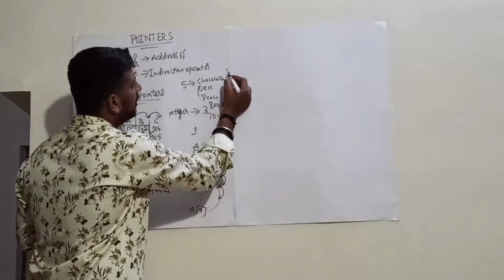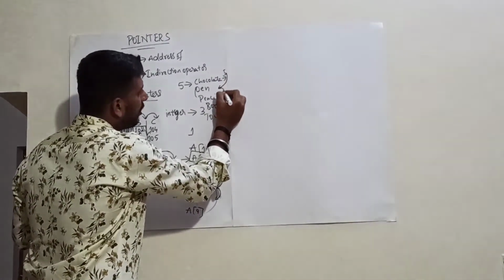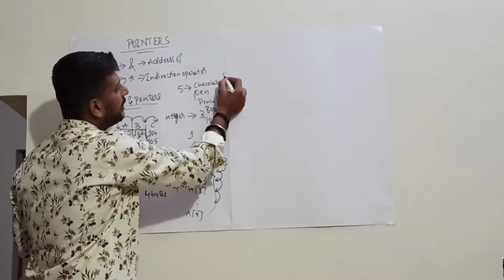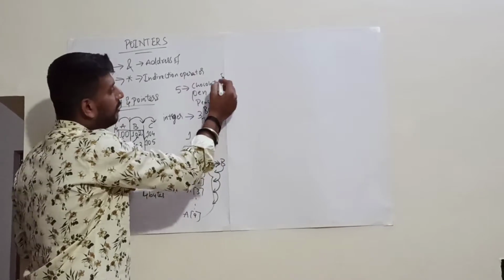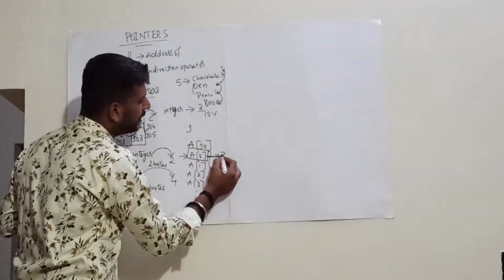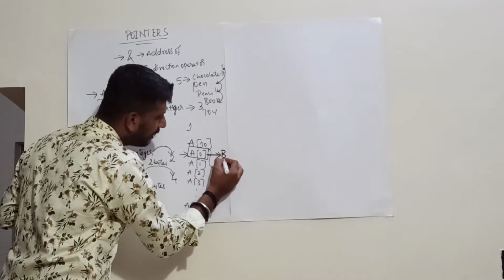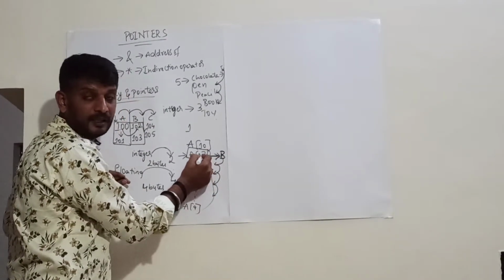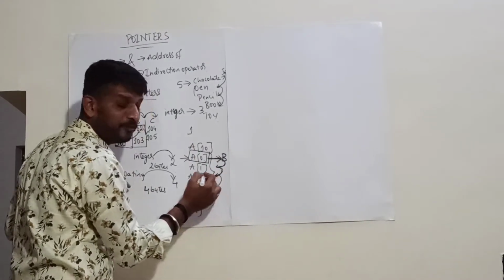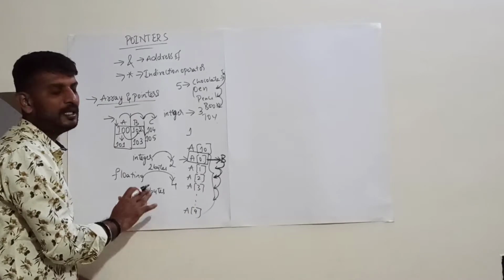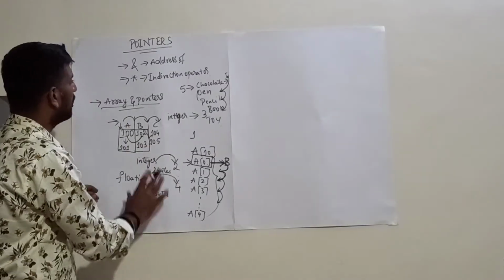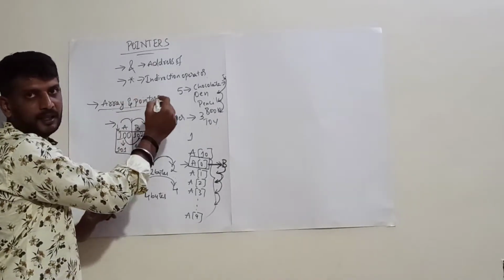Since all the things cost 5 rupees, whenever you are adding, you will just increment the value by 5: 5, 10, 15, 20, 25. In the same way, you give the address of the first variable to the pointer, and the pointer gets incremented in the steps of 2, because you are making use of an integer pointer. So this is the brief introduction regarding arrays and pointers.